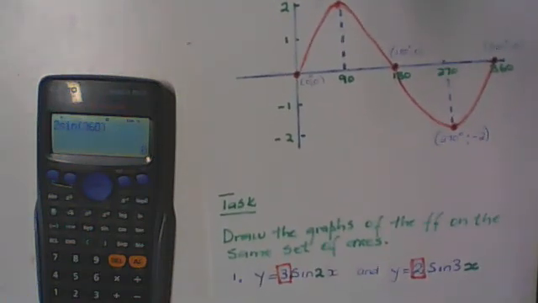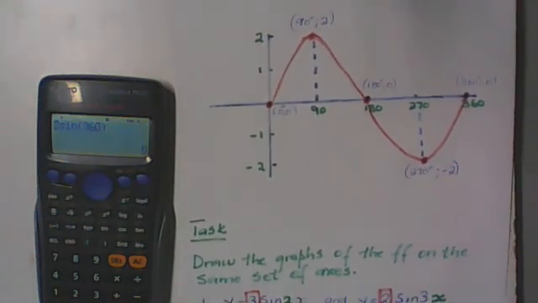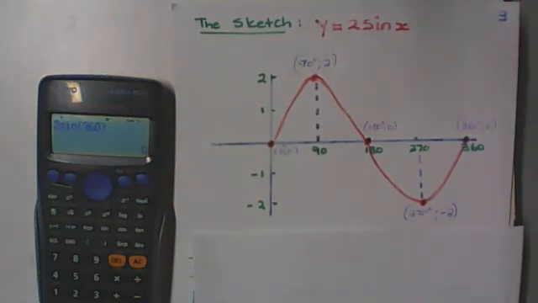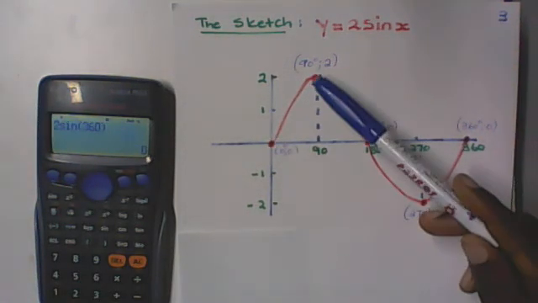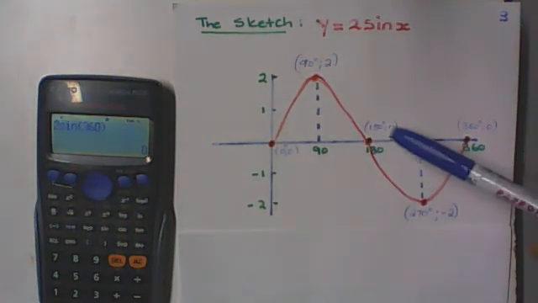Now, the next point is we are now going to draw the graph. This is the sketch of that. 0 is to 0, then we had 90 is to 2, and then we had 180 is to 0.